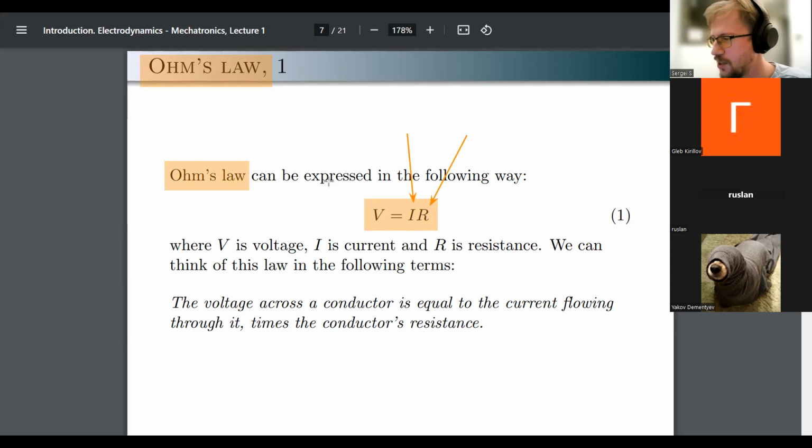Or you can estimate how much resistance the resistor has if you know the voltage. So if you know two of those elements, you can find the third one quite easily.